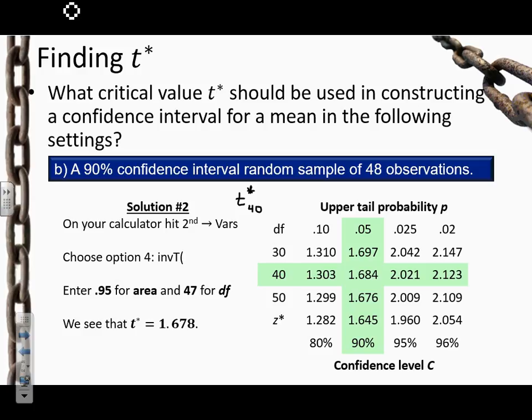Does that make sense? Your technical degrees of freedom were 47, but the table doesn't allow for that. So you would write your T star with 40 degrees of freedom. If you use your calculator, you would write out T star with 47, because you calculated exactly 47 degrees of freedom. Does that make sense?